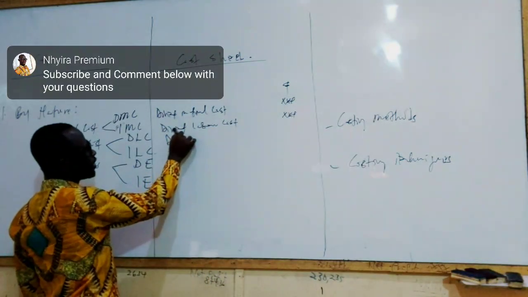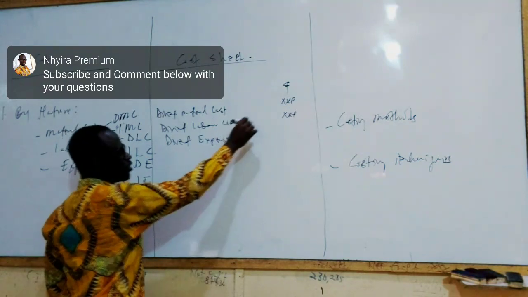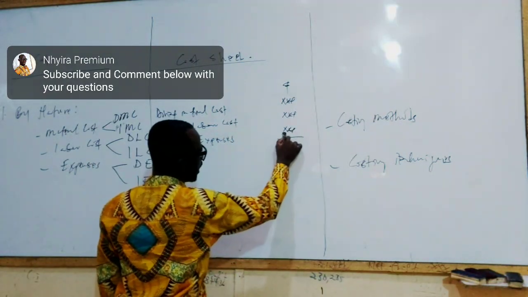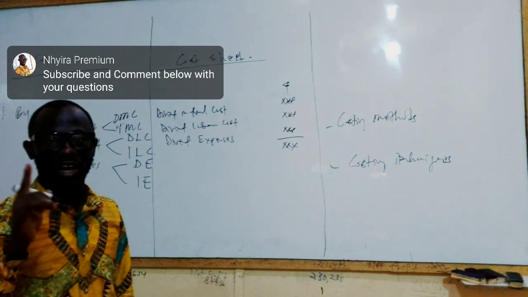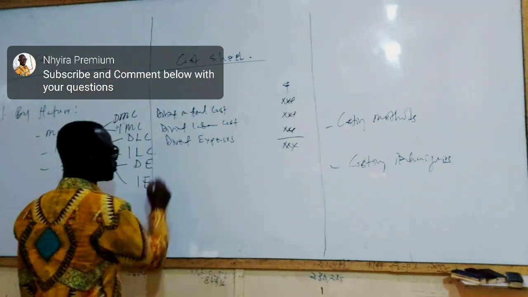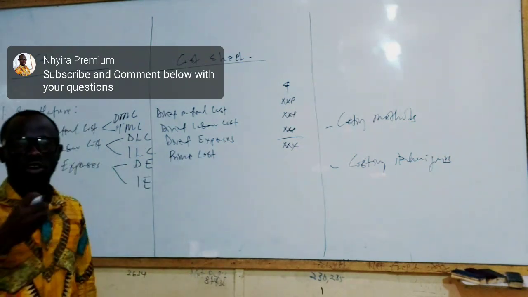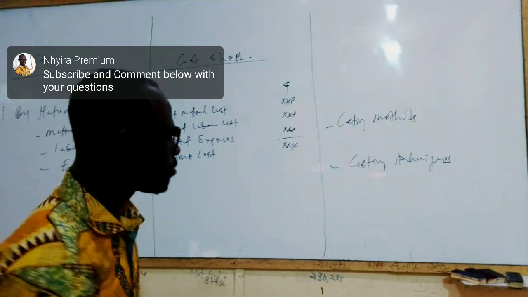Then if there are any direct expenses in the question, we bring them up. And so the summation of all direct costs gives us prime cost.